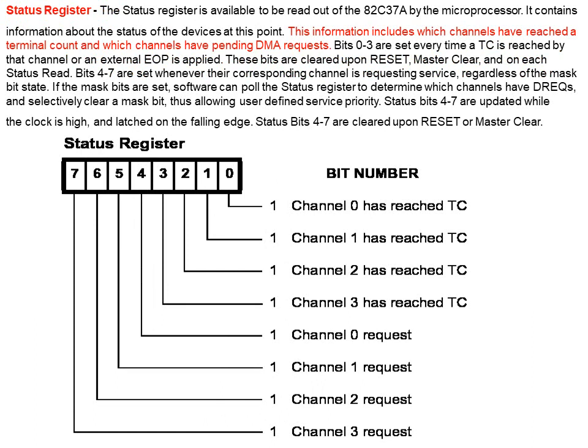Now this is the status register. It represents the status of the different channels. Bit 0 represents that channel 0 has reached terminal count. Bit 1 is for channel 1. Bit 2 is for channel 2, whether it has reached the terminal count value or not. Bit 3 is for channel 3. Bit 4 is used for the channel 0 request.